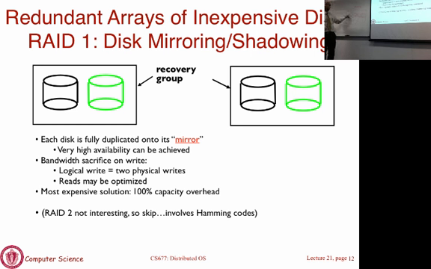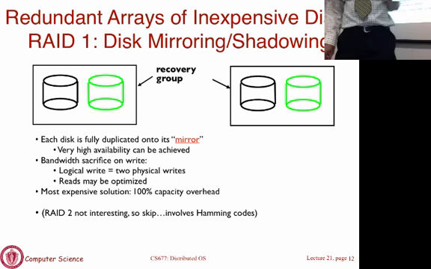Every time you store a block on the primary, you store a block on that mirror. So if the primary goes down, there's an exact copy on the mirror. So from an outside perspective, all the data continues to be accessible. This is a very simple form of redundancy. It just says use mirroring: for every block, store a copy of that block on a second disk.